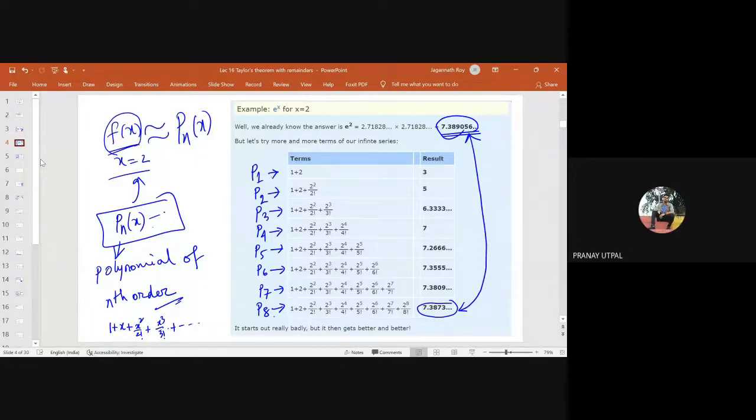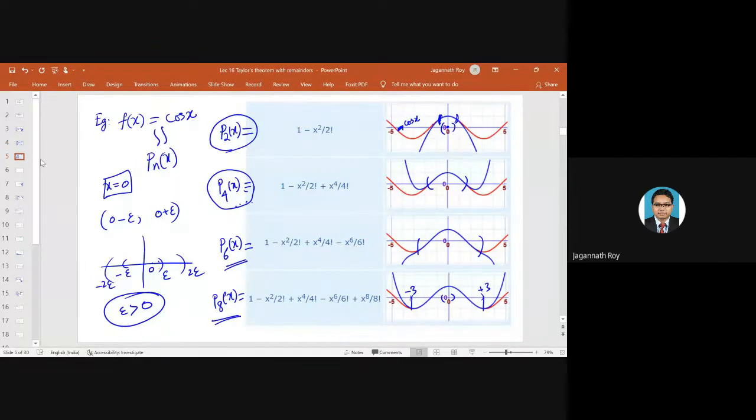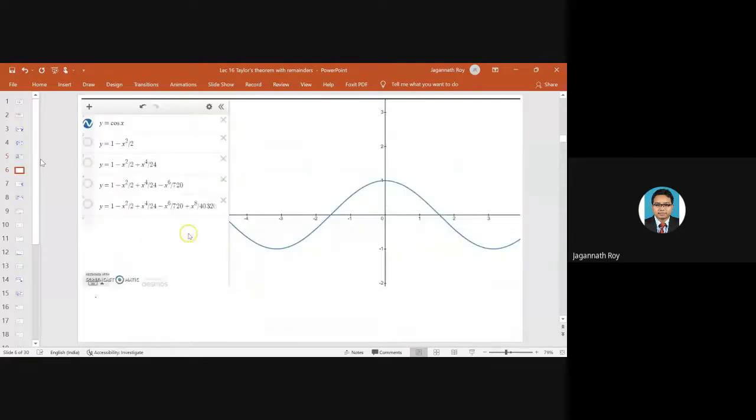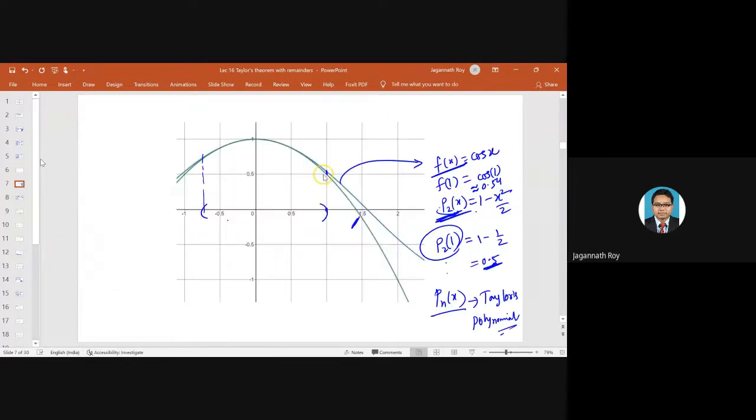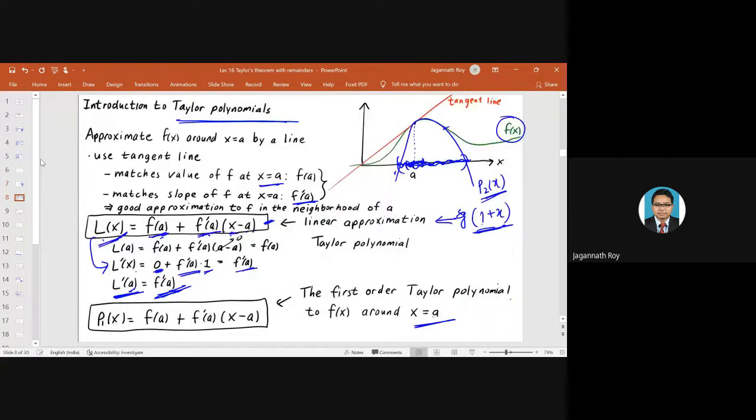Here we have approximated at x equals 2. At x equals 2, we have been approximating the function e power x. It is not necessary that we approximate around 0. It can be any point. Here a is not 0, it is an arbitrary point. Yes, sir, got it.